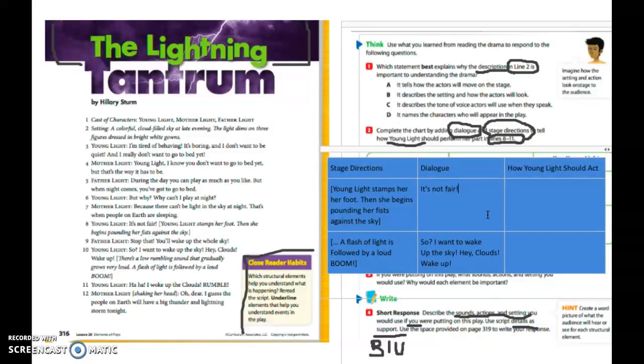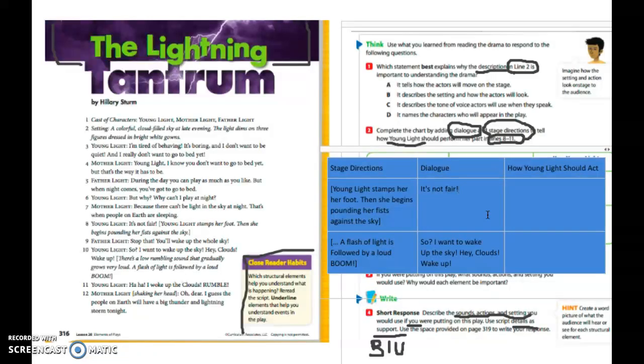Go ahead now and change your page, and we are going to talk about the first question. It says, what statement best explains why the description on line 2 is important to understanding the drama? Line 2 is the setting. It says, a colorful cloud-filled sky at late evening.